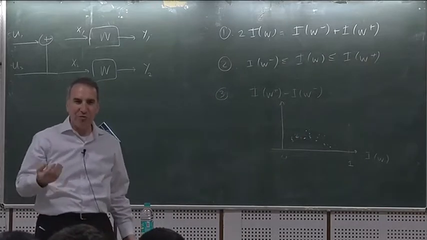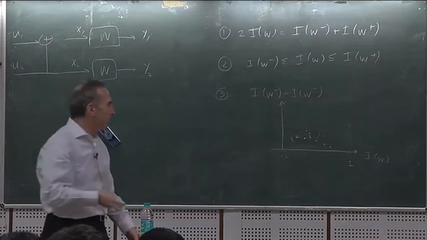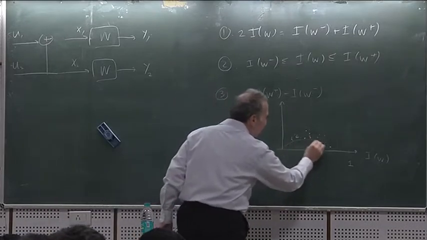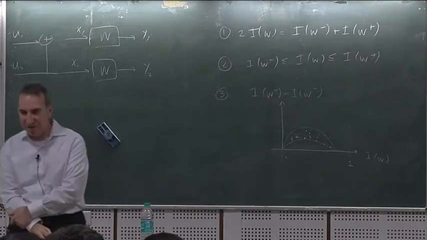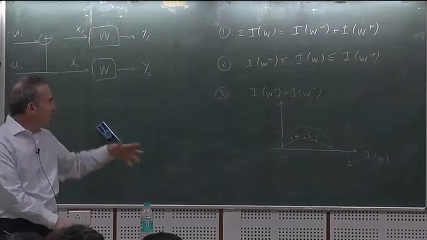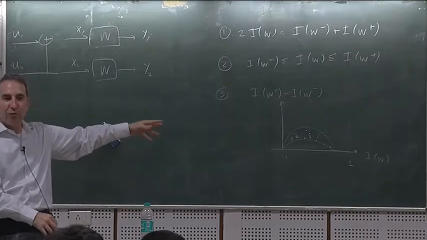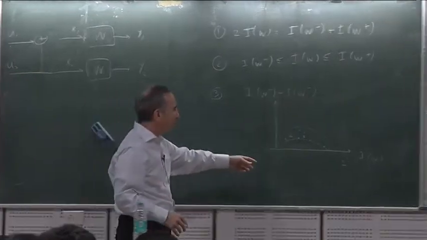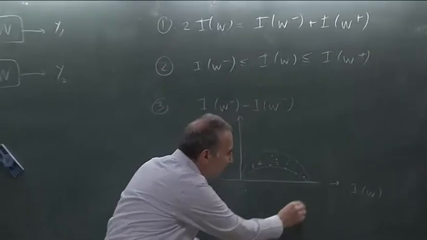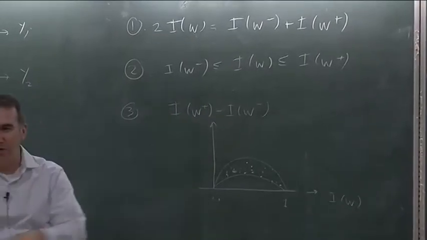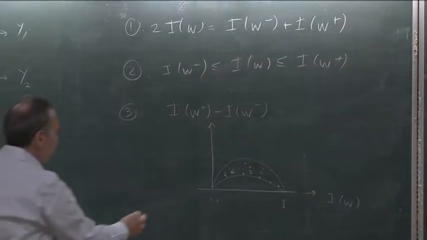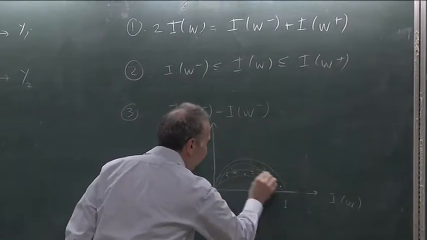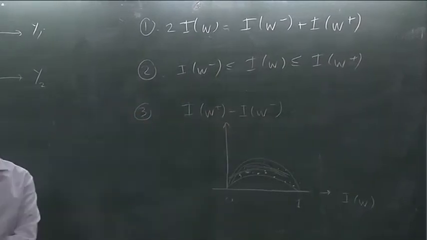You will notice fairly quickly that what's happening is this. We'll end up with a crescent-shaped region, where these values fill in, with I(W) on the x-axis and on the y-axis the difference between I(W plus) and I(W minus).